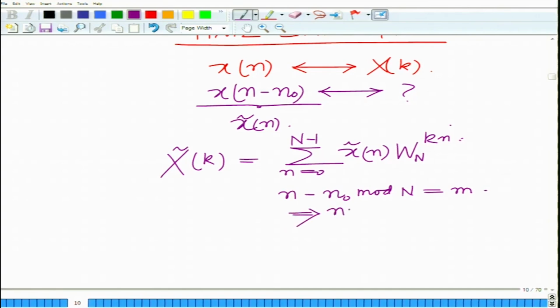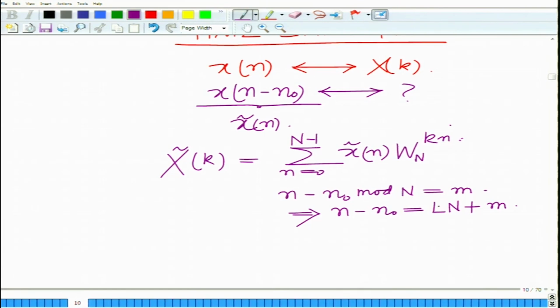This implies n − n0 is some constant L times N plus m.